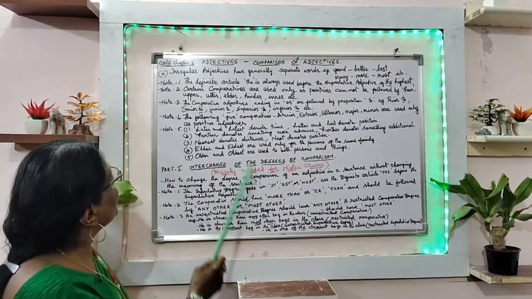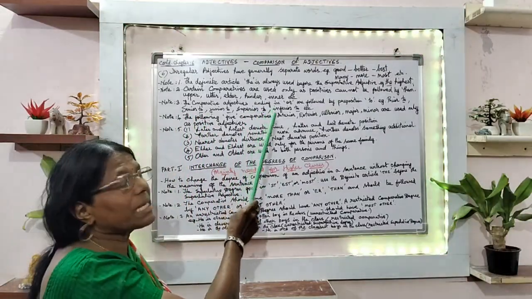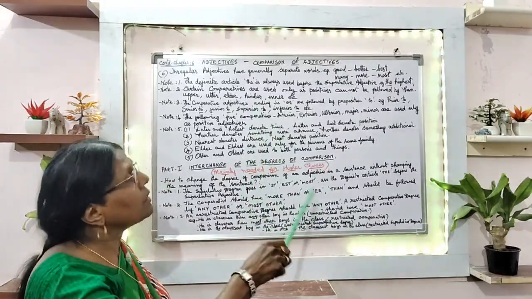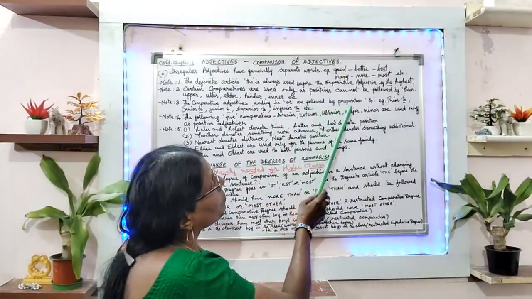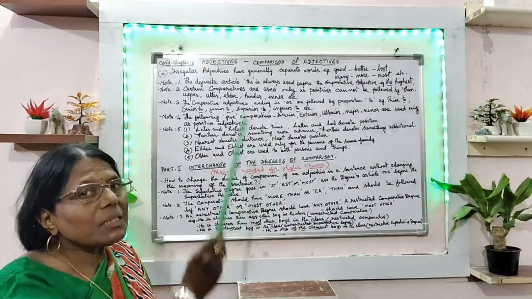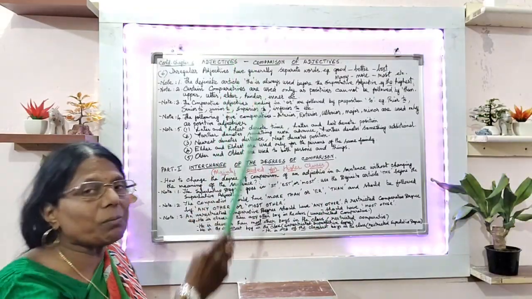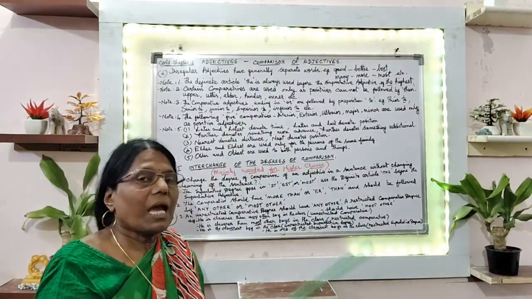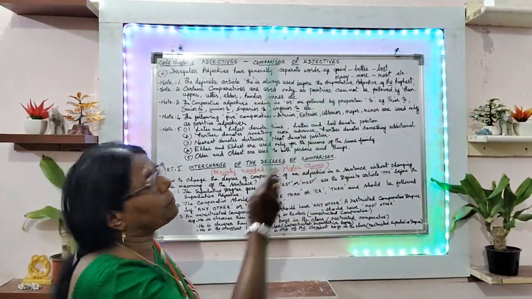There are many more. Next is the comparative adjectives ending in "or". We have already come across them in the previous class; they are followed by the preposition "to". Regarding preposition usage also, as I told you for article, you will have a topic of preposition, and at that time you will learn in detail about it.